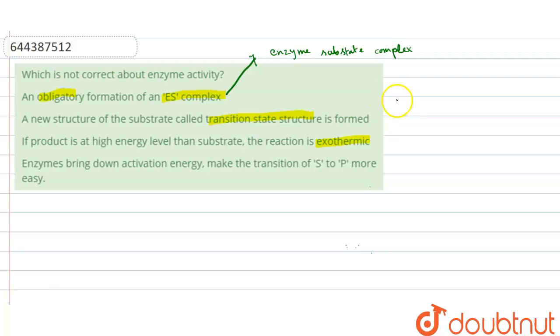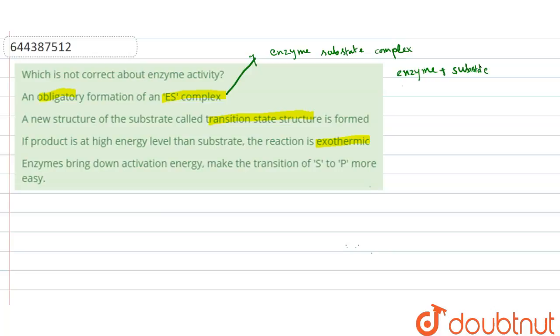When the enzyme comes into perfect contact with the substrate, they will bind and form this complex, and this is known as an enzyme substrate complex or ES complex.